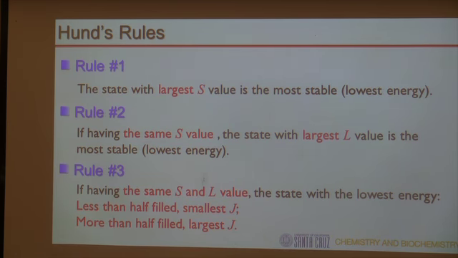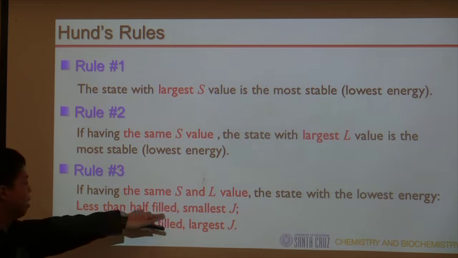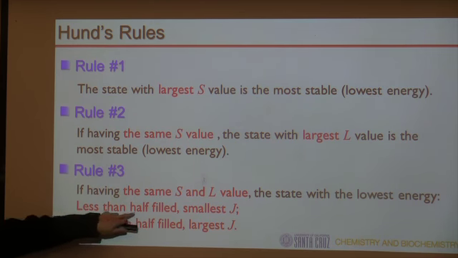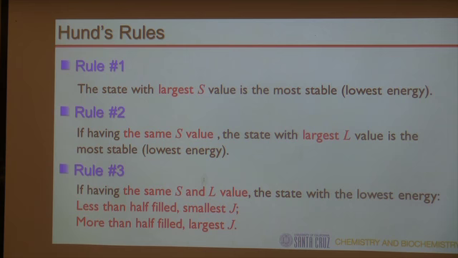Hund's third rule tells you to compare the value of J. For J, you have two situations. If the subshell is less than half filled, then we choose the smaller J. If it is more than half filled, we choose the largest J as the lowest energy. And the priority of the three rules is: 1 is higher than 2, and 2 is higher than 3.